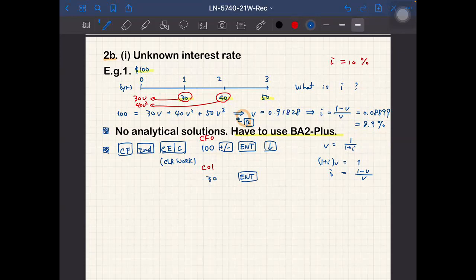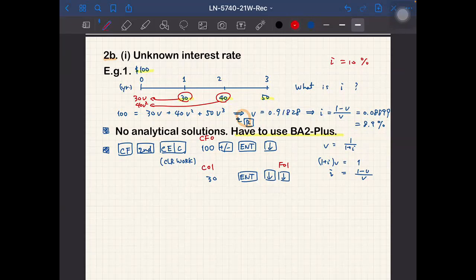Then you press the down arrow and you can see F01. F01 is the number of frequencies. So if we have 3 payments of $30, you have to put 3 in F01. But here we only have 1 payment and 1 is the default, so we can just ignore it. So we go down again and keep F01 equal to 1.